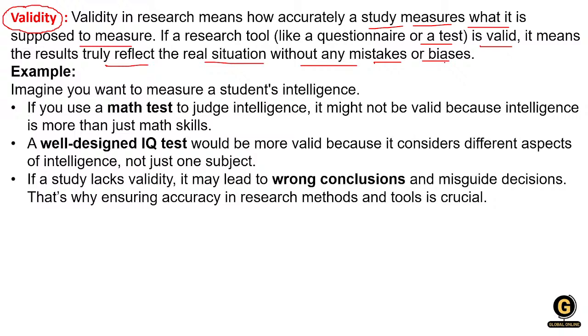Clear? Example: imagine you want to measure a student's intelligence. If you want to understand how intelligent the students are, what do you do? If you use a math test to judge intelligence, it might not be valid because intelligence is more than just math skills. Clear?